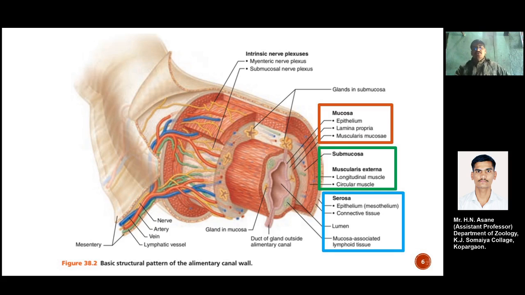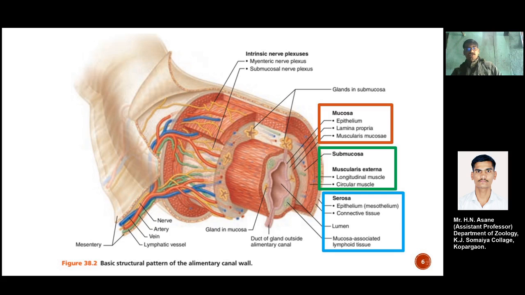Then the last part is the serosa, the outermost covering, and this serosa contains the mesothelium layer on the outermost side.